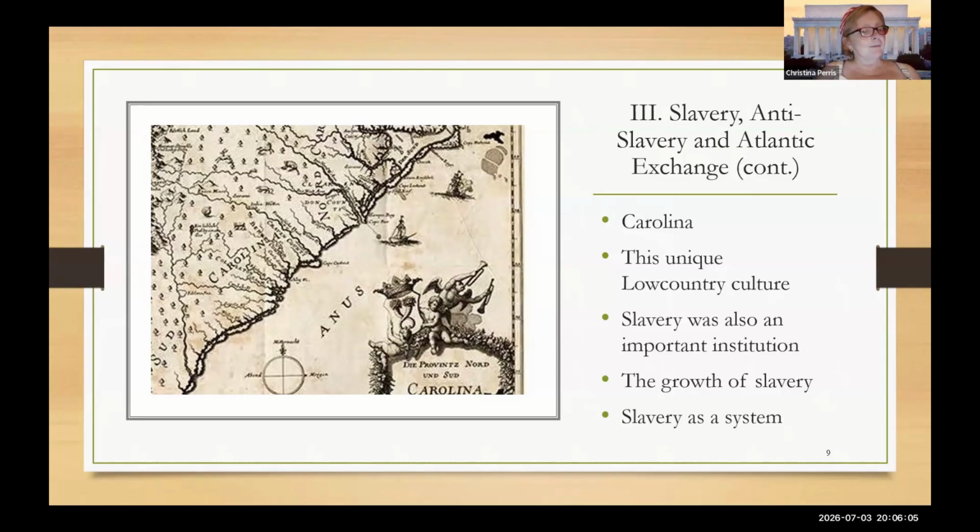Once those tasks were complete, enslaved people often had time to grow their own crops on garden plots allotted by their enslavers. Thriving underground markets allowed enslaved people here a degree of economic autonomy. Enslaved people in Carolina also had an unparalleled degree of cultural autonomy.